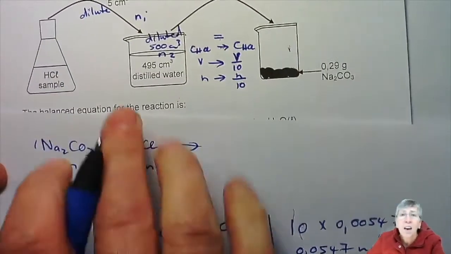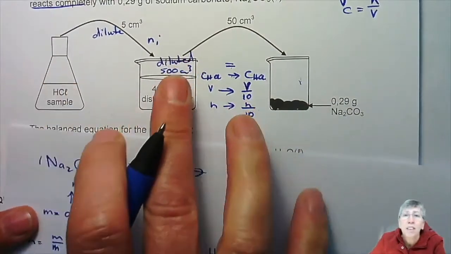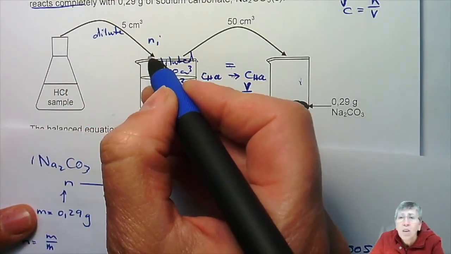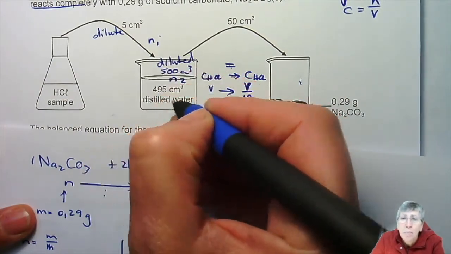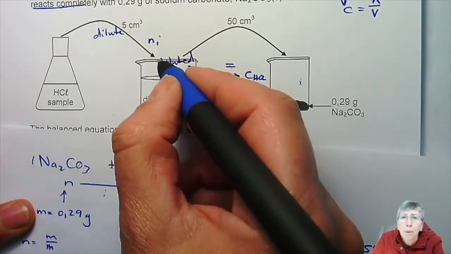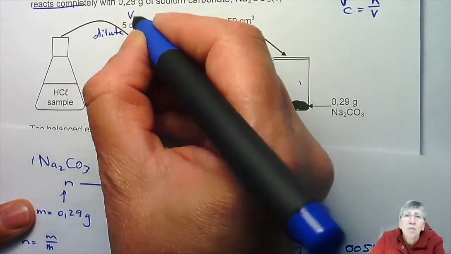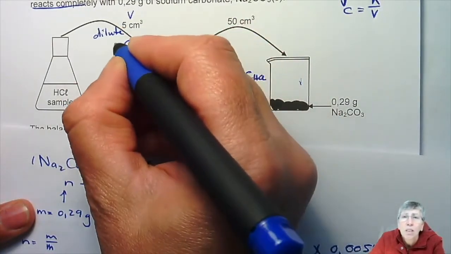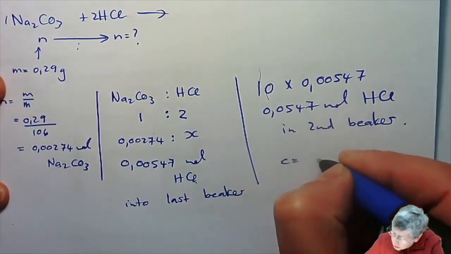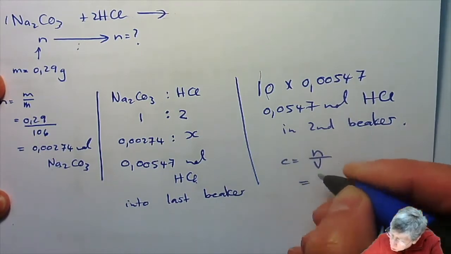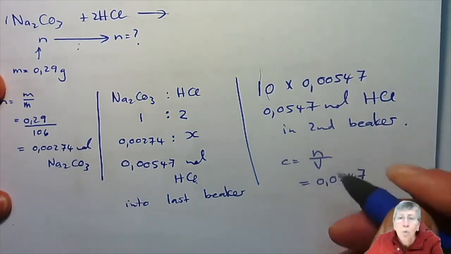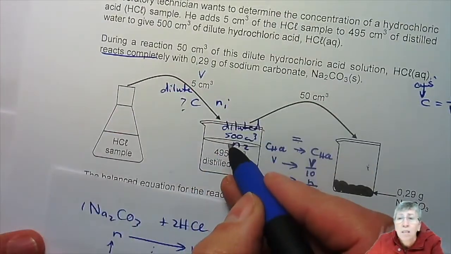Right, and now what do I know? I diluted it, which tells me that the moles that I've put in are equal to the moles in this beaker. I've worked out the moles in this beaker. That will be equal to what I put in, and I know the volume, I'm asking for the concentration that I put in. So C equals n over V. I know the moles in that second beaker, 0,0547, is also the moles that I put in.